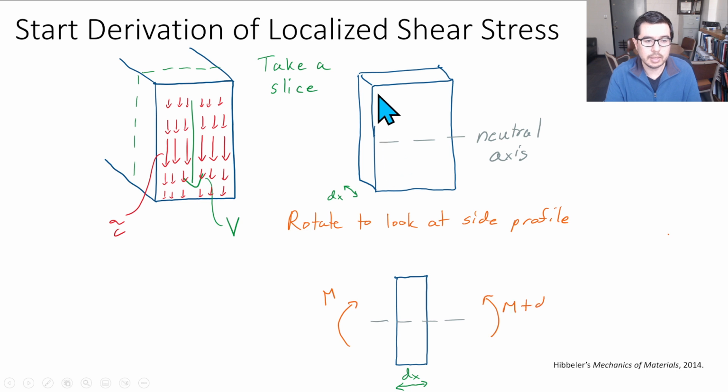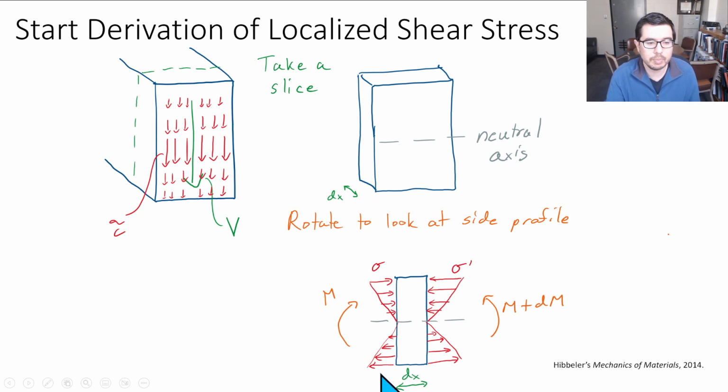This dx that was going into the page a little bit is now looked at as a profile on the side. What we have here are a neutral axis and a bunch of bending stresses. And we're thinking, what in the world is going on here?